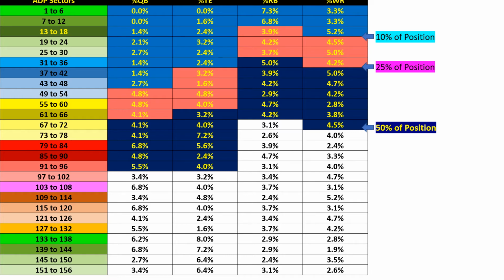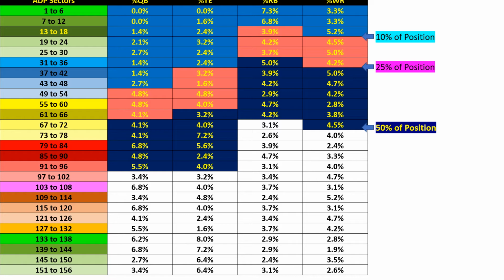So each one of those columns will equal 100%. I'm not telling you the actual count numbers, just percentages. I note in the first color, blue, where 10% of that position has been drafted, in red 25%, and in deeper blue 50%, and after 50% to the 100 it is not colorized. So keep this in mind as well.